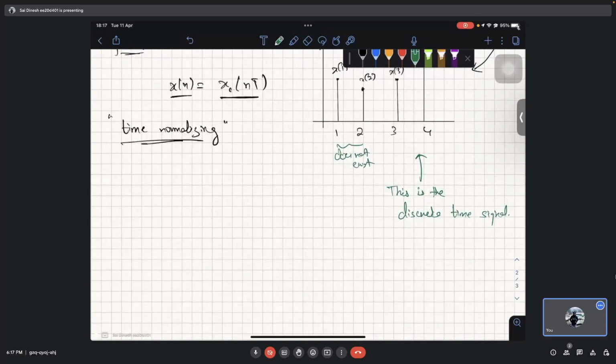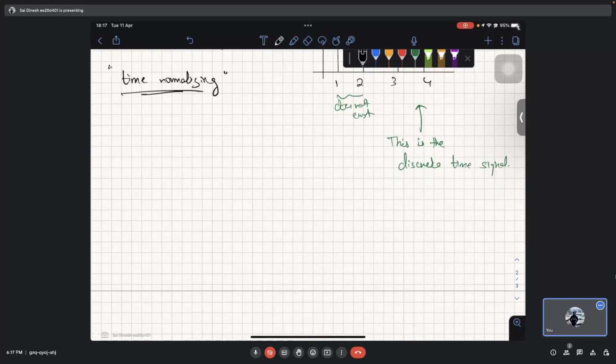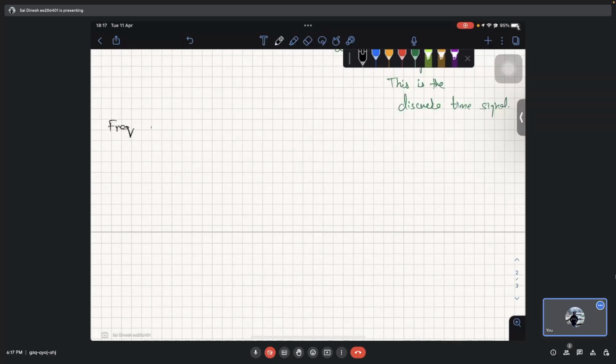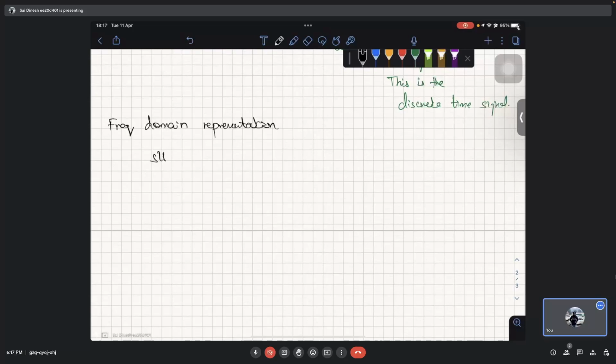Now if you see the frequency domain representation, s of t is actually equal to the impulse train, the sum of delta of t minus nT, n equal to minus infinity to infinity.